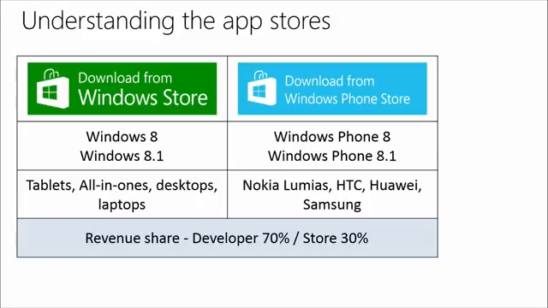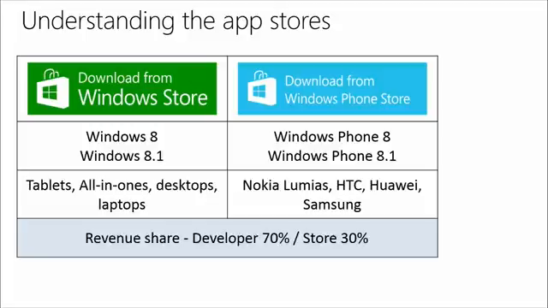So let's try to understand the way that the app stores are broken down here. We do have two stores right now. Yes. We've got the Windows Store, and this applies to devices running Windows 8, Windows 8.1. That includes the Windows RT devices like the Surface RT tablet and the Nokia 2520 RT tablet.